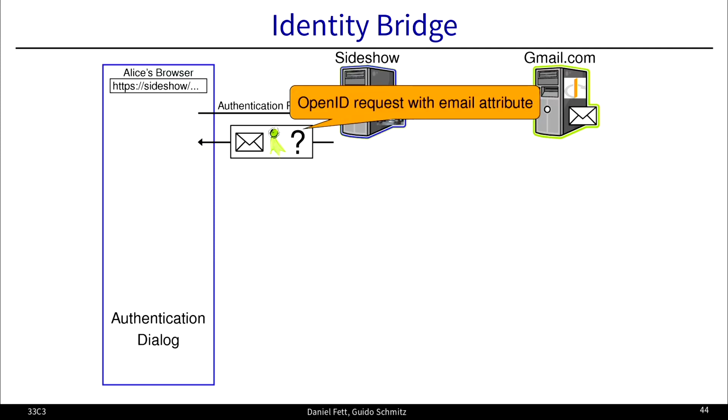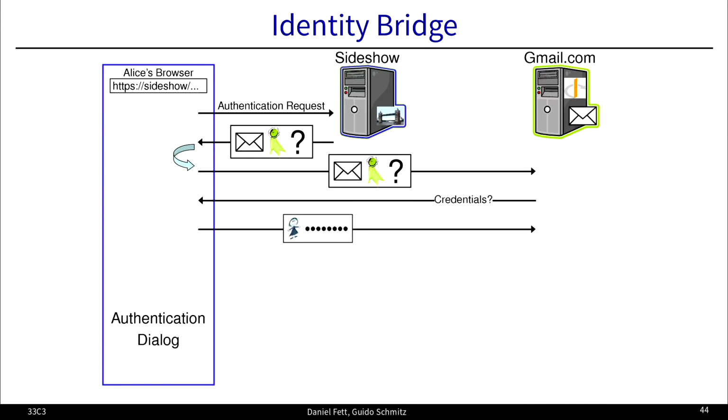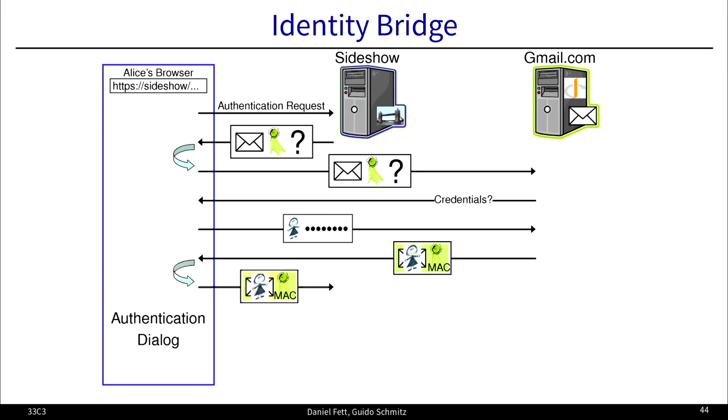So first, the user says that she wants to log in at Sideshow, and then Sideshow sends an OpenID request requesting the email attribute signed from Gmail. This request is then forwarded to Gmail, and Gmail sees this request. The user logs in at Gmail for authentication, and then Gmail creates this OpenID assertion, which contains the signed email address attribute for Alice. And as you can see, this is all in a green box, so all properly signed and nice. And now Alice's browser redirects this document to Sideshow.